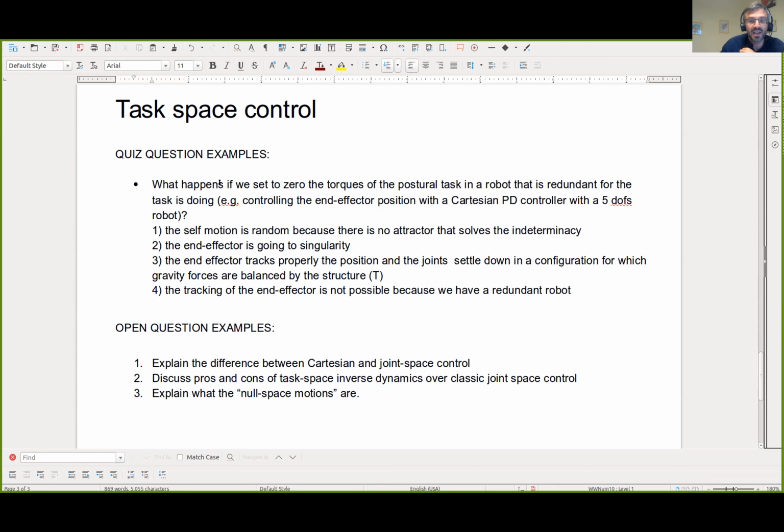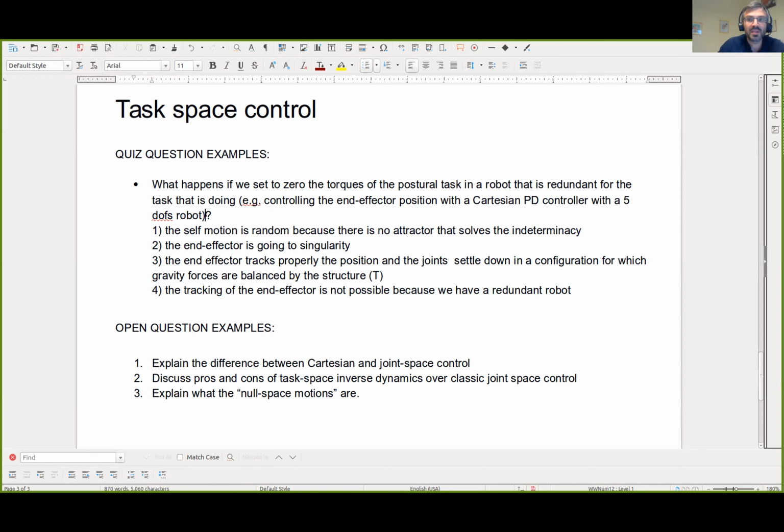And this is again another question where you need to do some reasoning. What happens if we set to 0 the torques of a postural task in a robot that is redundant for the task that it is doing? For example, think about controlling the end effector position with a Cartesian PD controller with a 5 degrees of freedom robot.